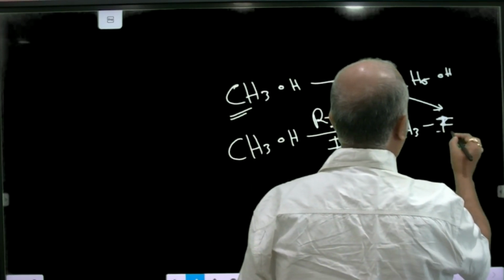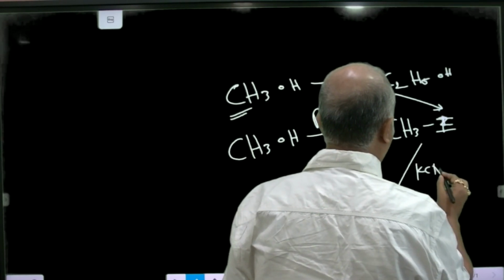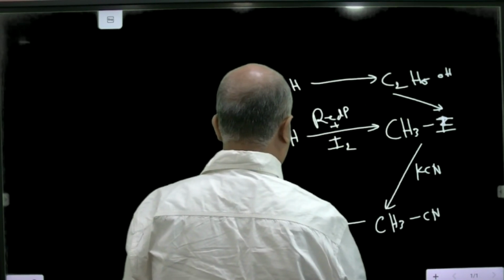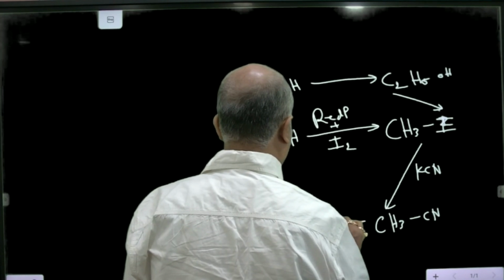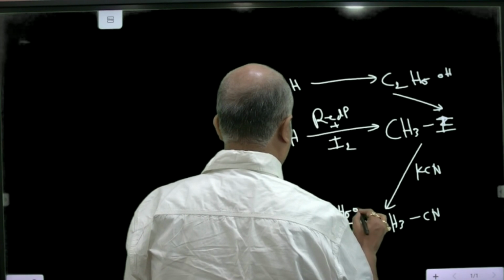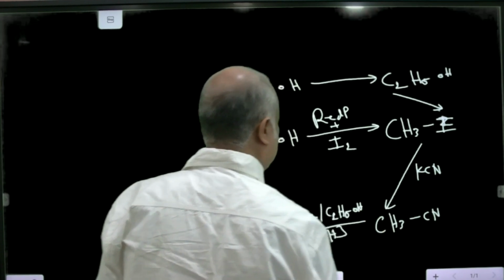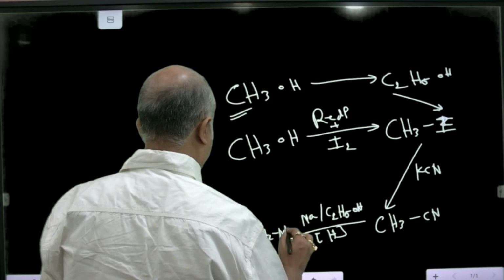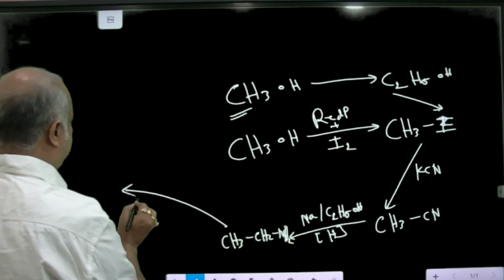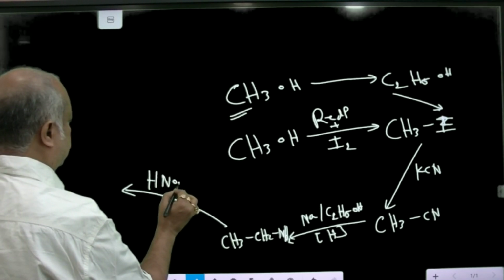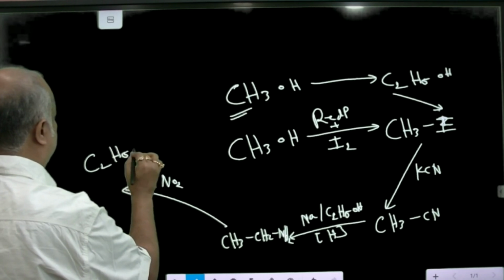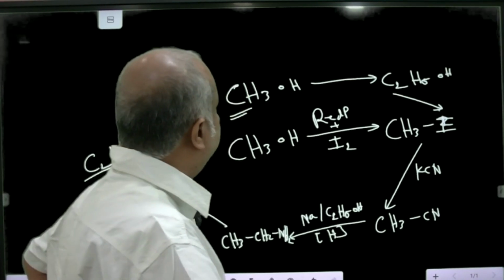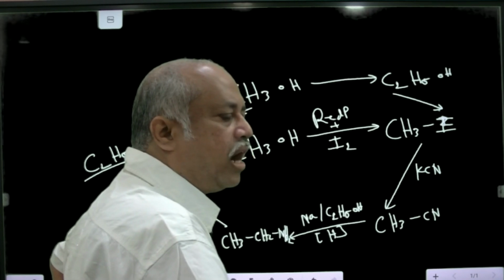CH3I, KCN, CH3CN, primary amine. That is lower alcohol to higher alcohol conversion.